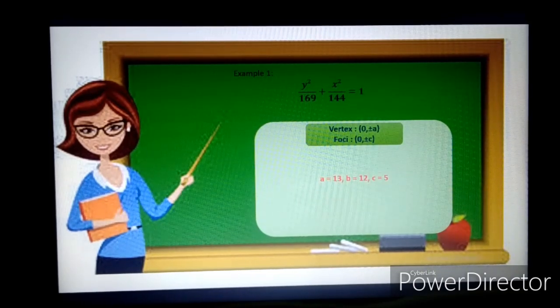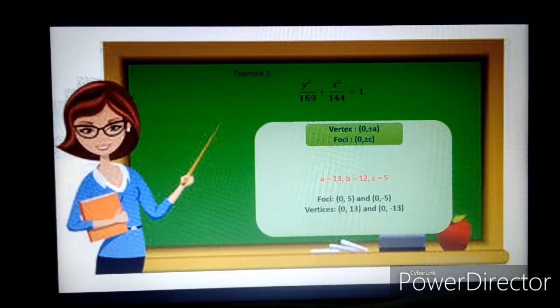So our a is 13, b is 12, and c is 5. So our foci are (0, 5) and (0, negative 5). For our vertices, (0, 13) and (0, negative 13).